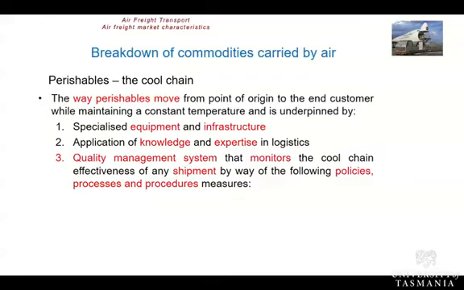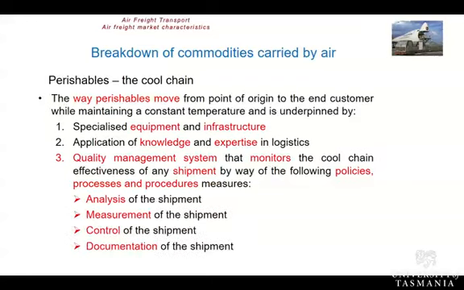So it's building up policies, it's building up procedures, and typically it's getting some level of certification from the ISO. It's also taking the approach of analysing the shipment, measuring the shipment, controlling the shipment, documenting the shipment, and validating the shipment are all elements of a business who's taking on a quality management system approach.